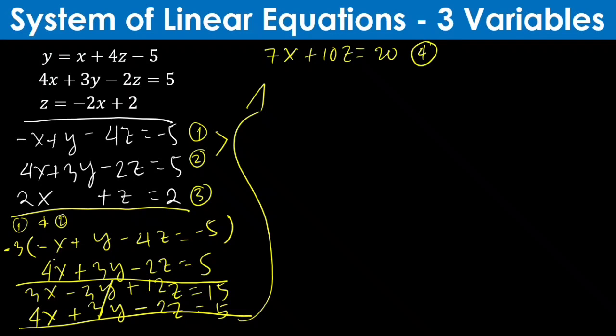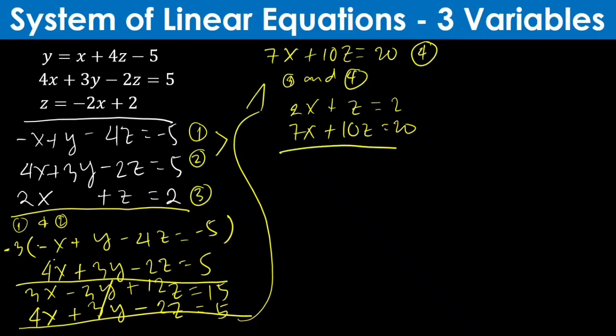Then we're going to put equations 3 and 4 together. So we have now 2x plus z equals 2, and 7x plus 10z equals 20. Let's eliminate z because it's easier.